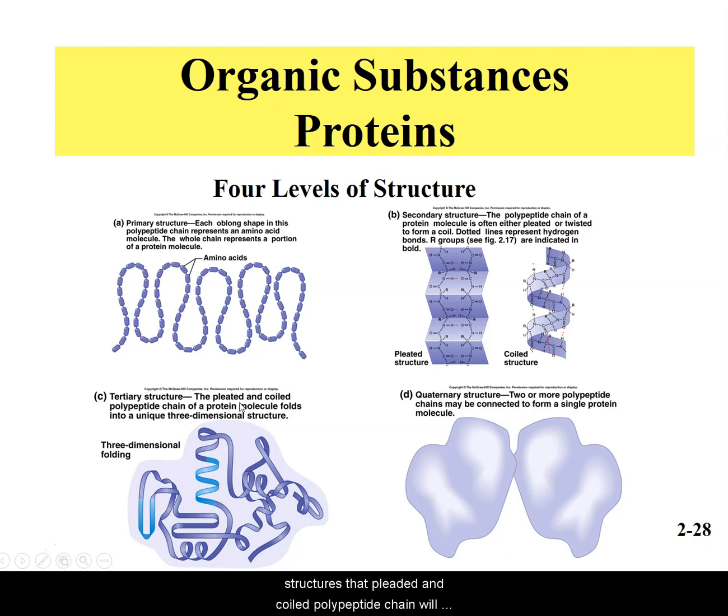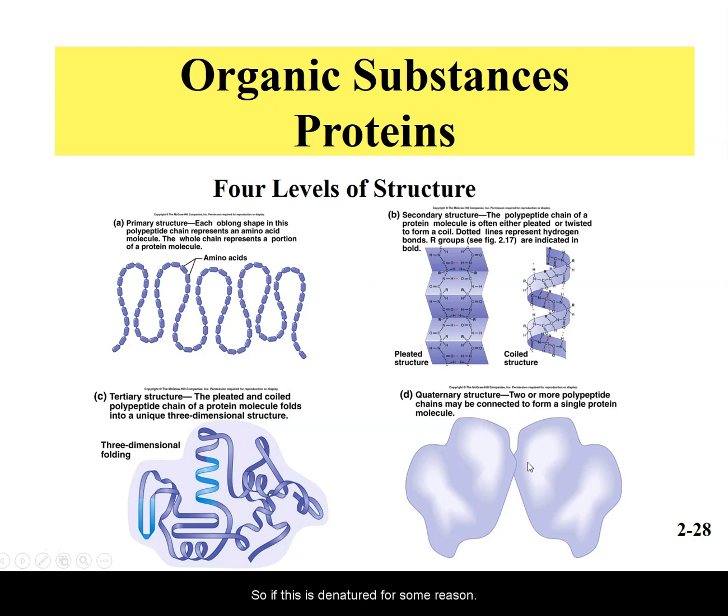Then tertiary structure, that pleated and coiled polypeptide chain will fold on itself to a unique three-dimensional shape. Quaternary structure, two or more polypeptide chains are connected to form a single protein. The shape of the protein, the unique three-dimensional shape, determines its function.